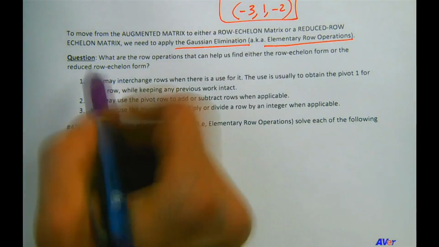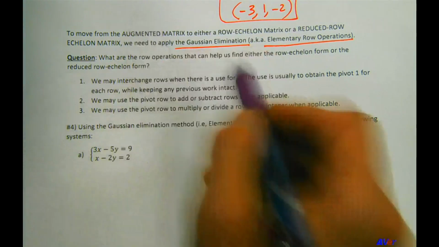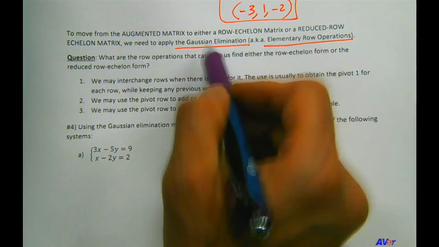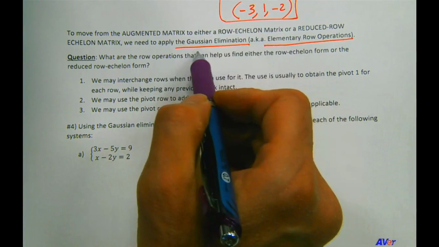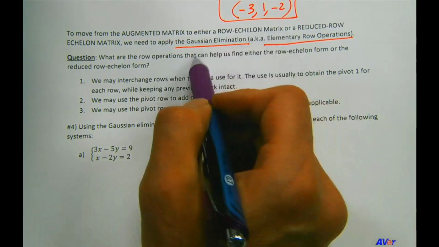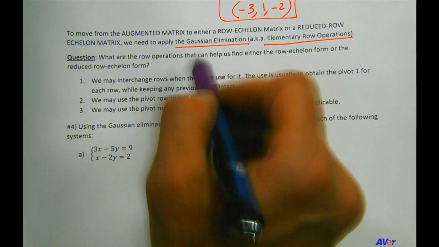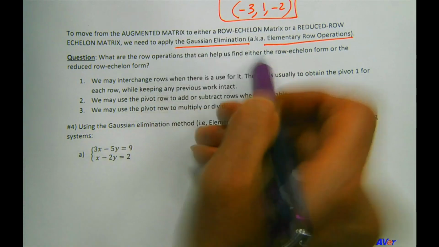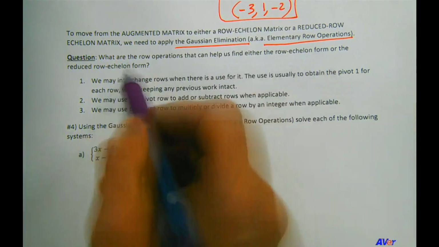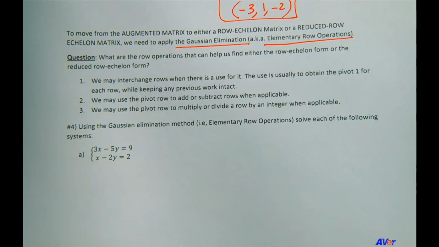Okay? So the question, of course, is what are the row operations? Different name for the same method. What are the row operations that can help us find either the row echelon form or the reduced row echelon form?